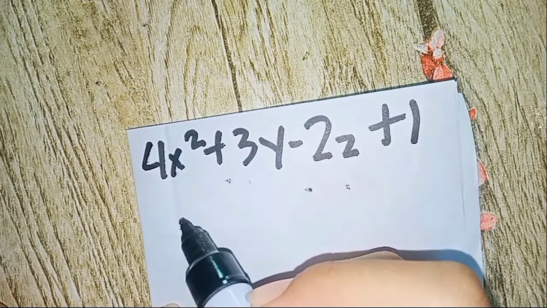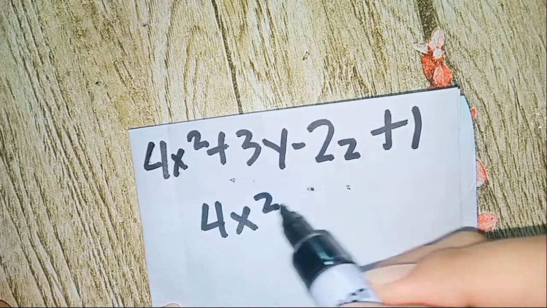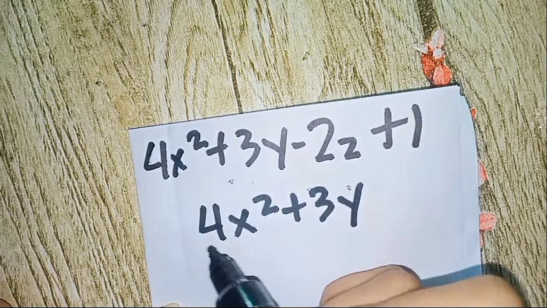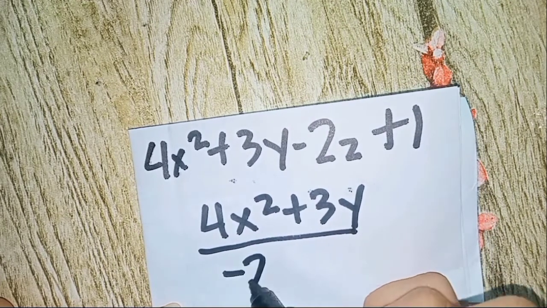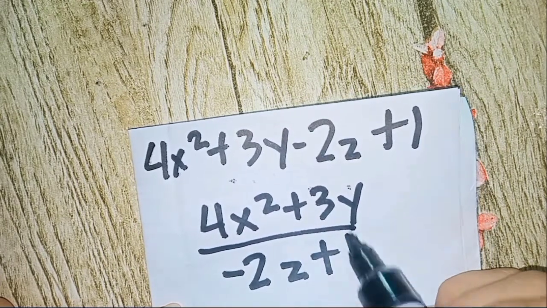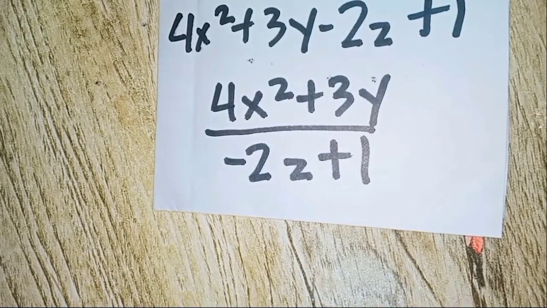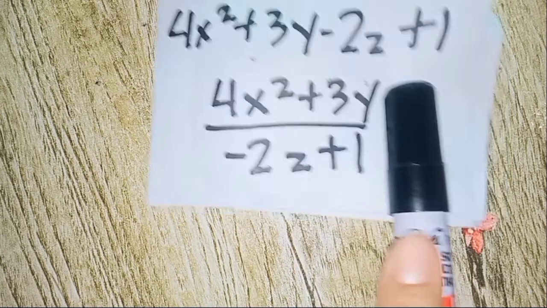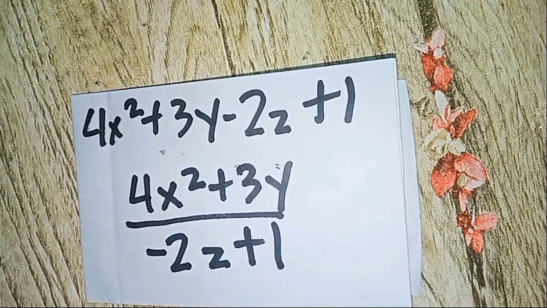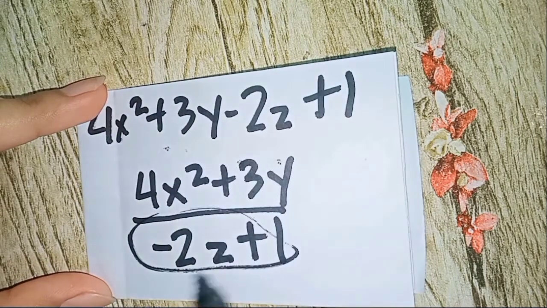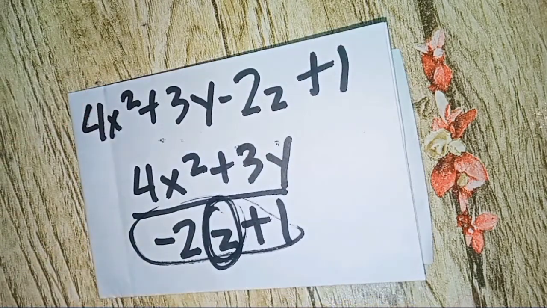Pero, kapag naging 4x squared plus 3y over negative 2z plus 1, this is considered as not polynomial function. Bakit? Kasi sabi lang natin kanina that the variable is not in the denominator. So, nakikita naman natin na mayroong variable si denominator. So, it is not a polynomial function.